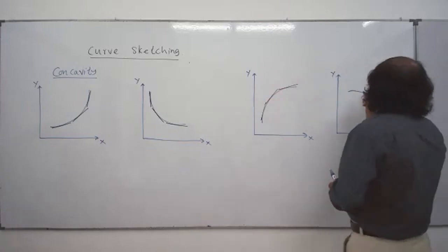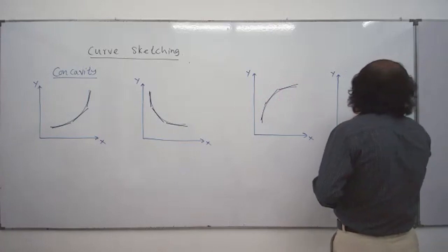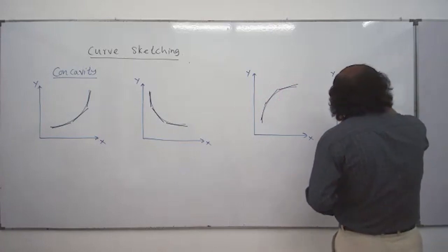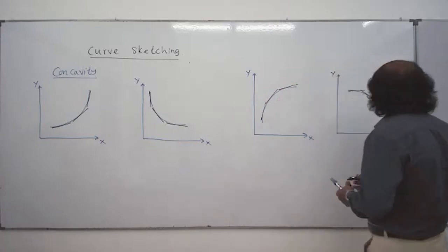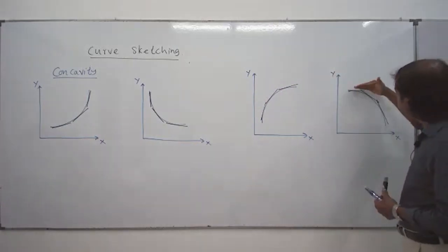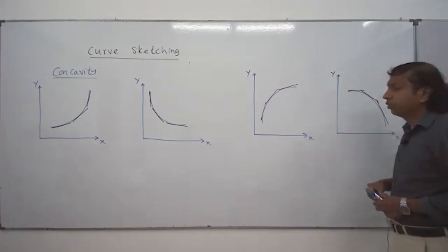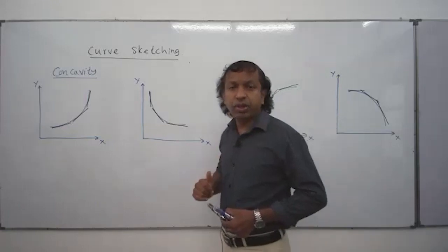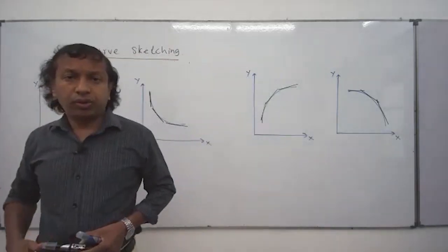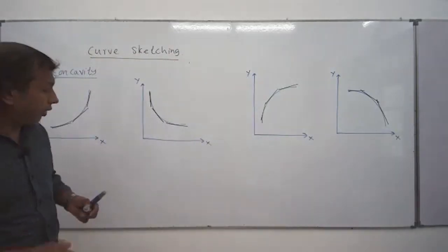Here also, when we keep drawing the tangents like this, the graph lies completely below the tangents. Then such graphs are called graphs of concave down.